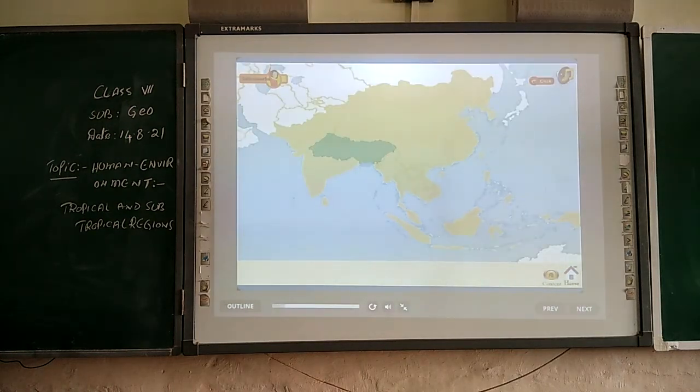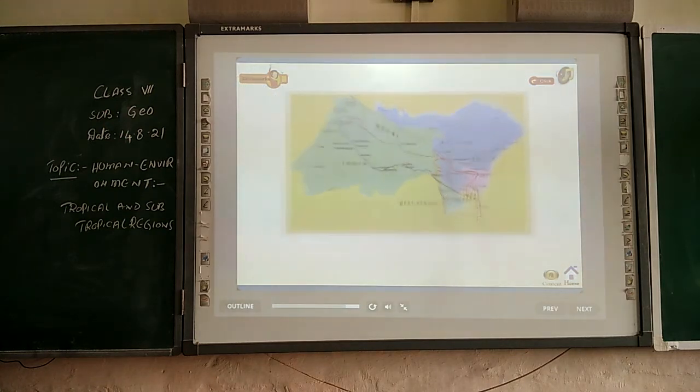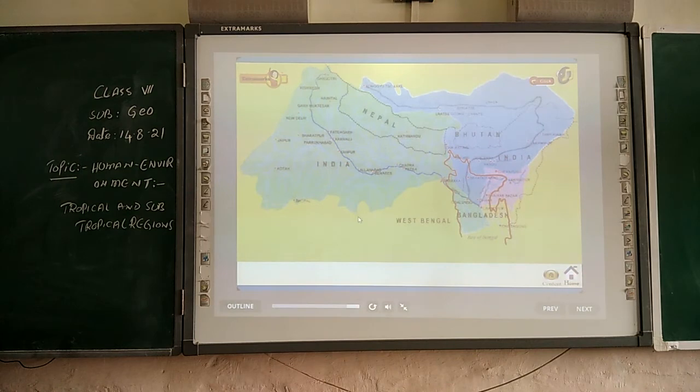The Ganga-Brahmaputra basin lies in the subtropical region between 10 degree to 30 degree north latitudes. Rivers draining the basin are the tributaries of the Ganga and Brahmaputra.